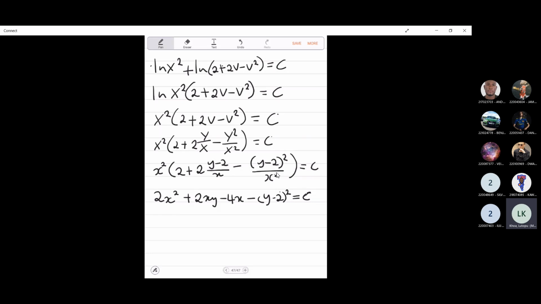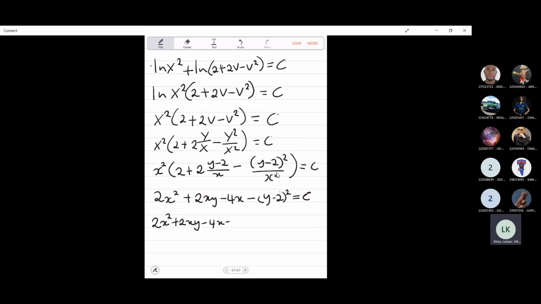So 2x squared plus 2xy minus 4x minus y squared plus 4y minus 4 is equal to c. And then again, this 4 is a constant. When I take it to the other side, it adds with this constant. I will still end up with a constant. So this I can also just write as this.